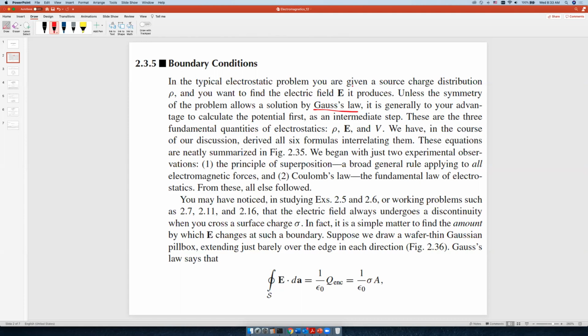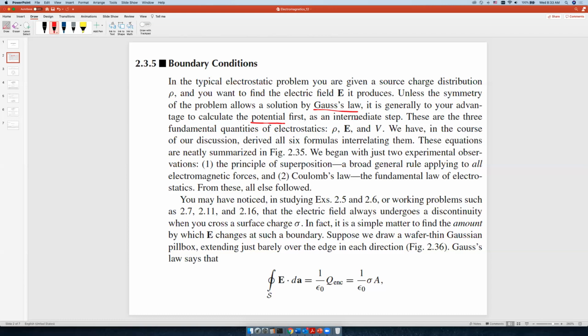But in most cases you cannot use Gauss law, so it is general to calculate the potential V first, and then use the potential. Once you get the potential, you can calculate the electric field by just taking the derivative of the potential.